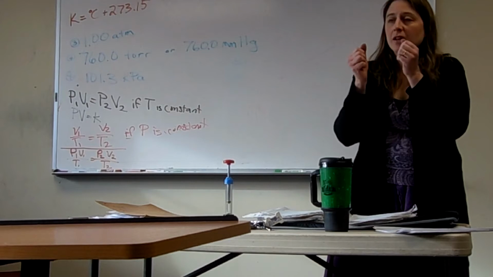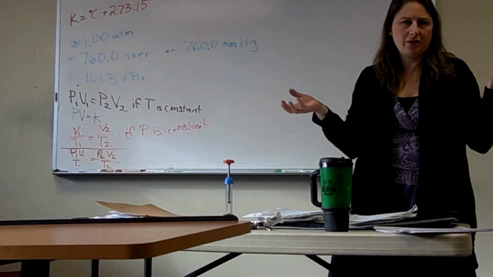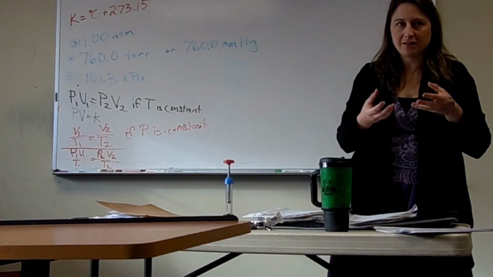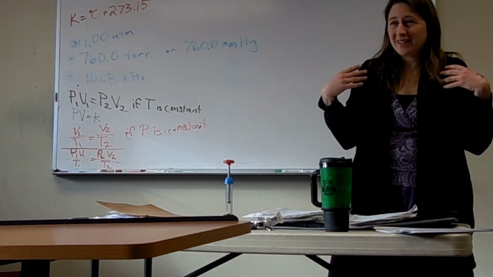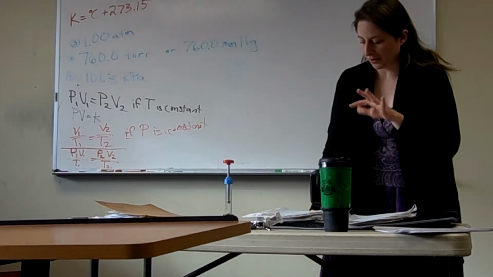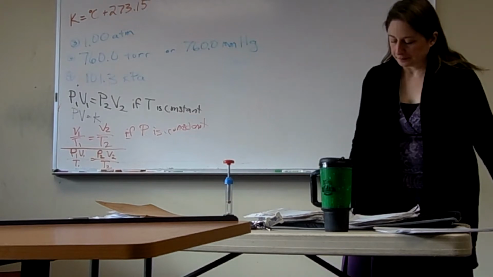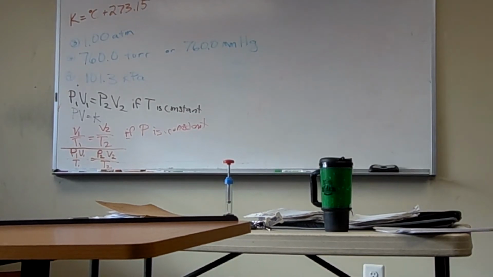Probably, because if they collide, one might gain energy, one might lose energy, but no net change in energy, right? The energy stays within the system. With the walls, with us, I don't know. Maybe we don't have perfectly elastic collisions going on, so that might be a gray area. So, that's required for ideal gas.